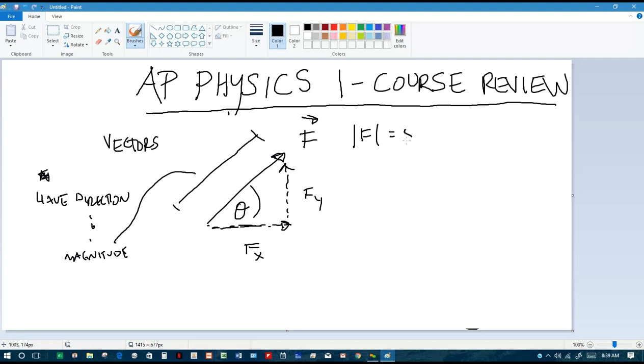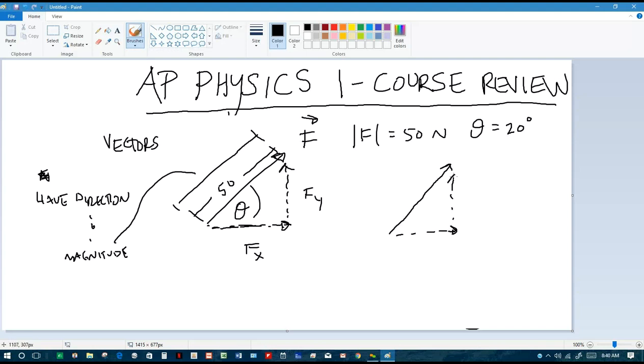And had they put the magnitude of this force vector as, let's say, 50 newtons, that means the physical length from here to here is 50. And they might even say, okay, the direction of this force is 20 degrees.